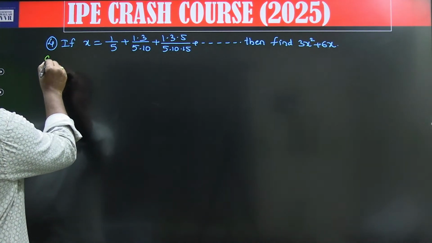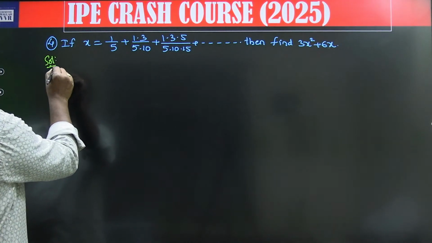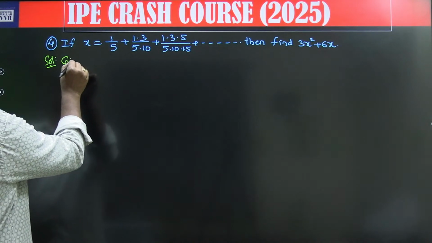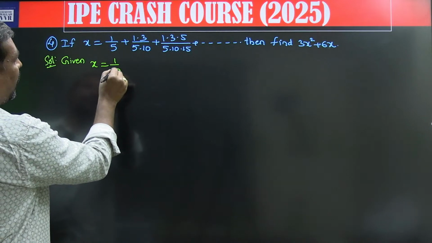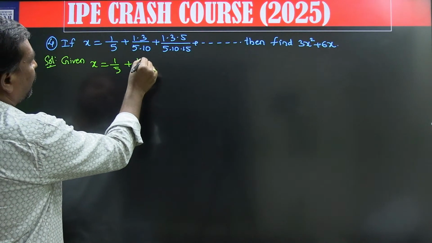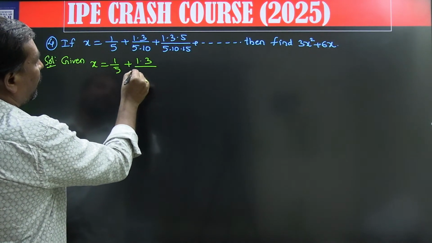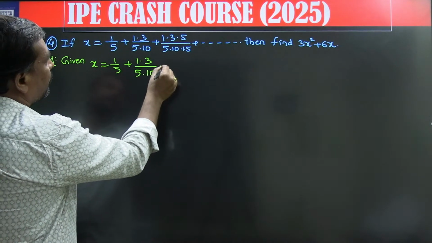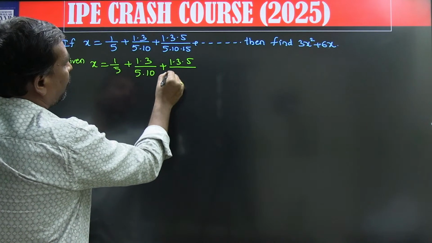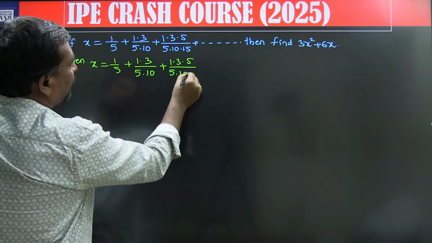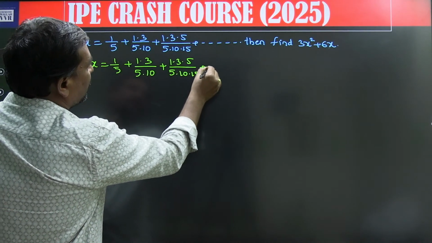Already given x value, so given x is equal to 1/5 plus 1·3/(5·10) plus 1·3·5/(5·10·15) plus and so on.